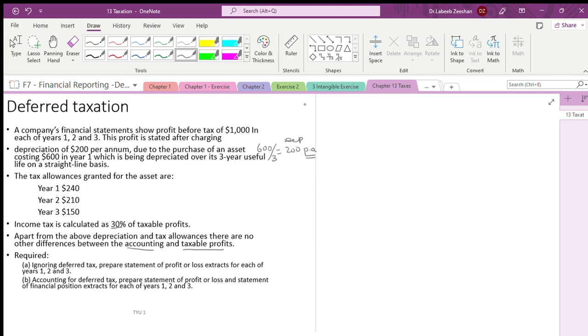Now, ignoring deferred tax, prepare the profit and loss account extract for each year. Then accounting for deferred tax, that is, without deferred tax and with deferred tax. Prepare the profit and loss account and financial statement extract for years 1, 2 and 3.